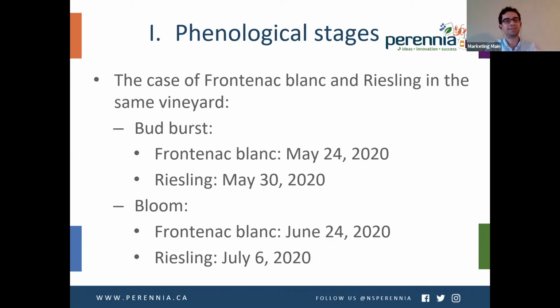So you can see these two varieties at the extremes on the same property can react differently. And if you remember what Jeff presented, his Riesling or vinifera varieties start at the beginning of June. So even though we are not so far apart, we can have some difference.